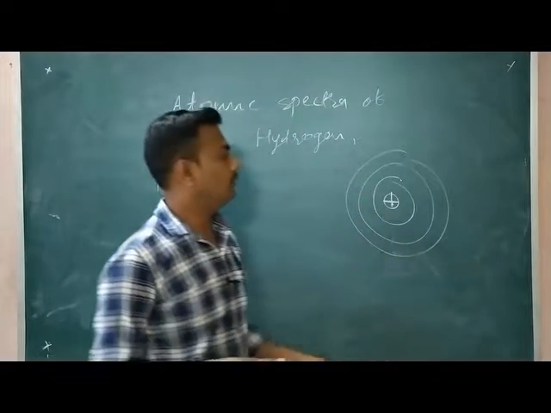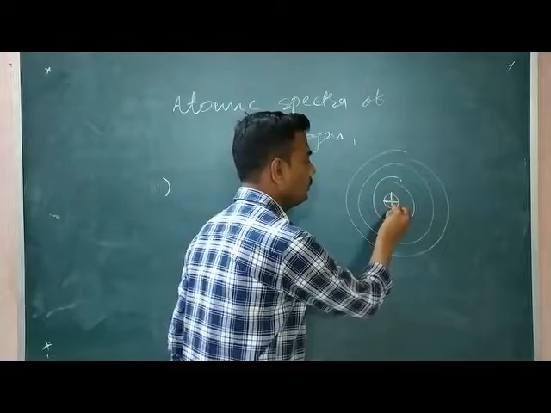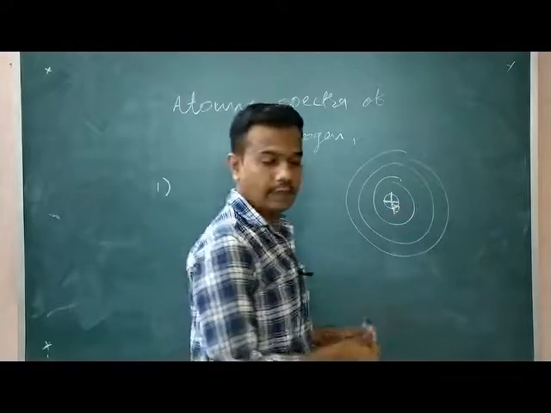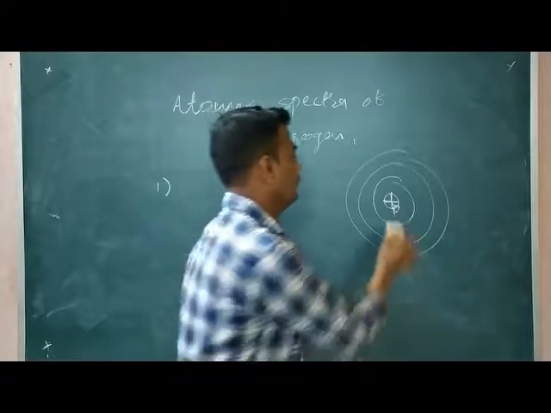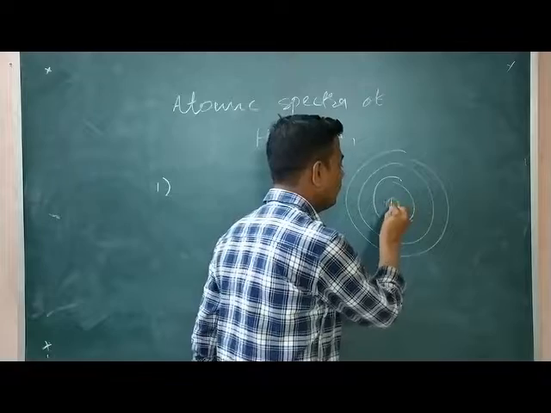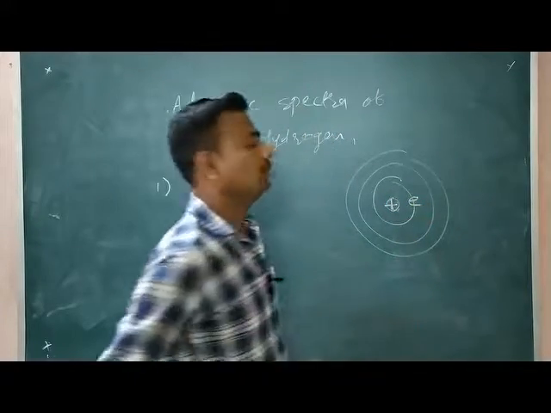It contains only one proton, which is present inside the nucleus. The neutron is absent inside the nucleus of the hydrogen atom. So this is a nucleus with one proton, and the electron revolves in this orbit.